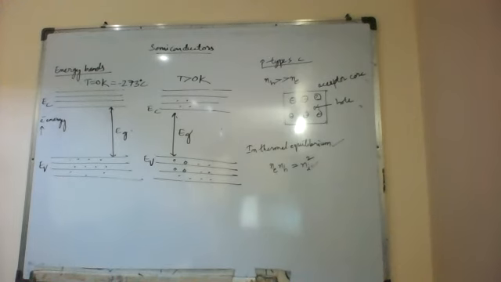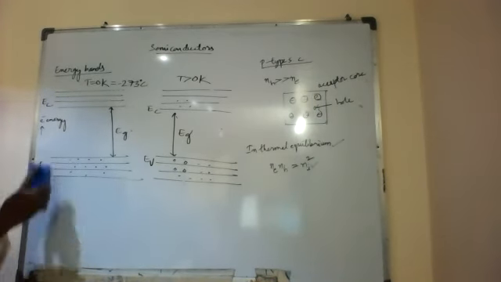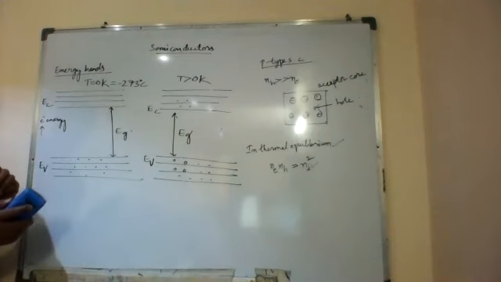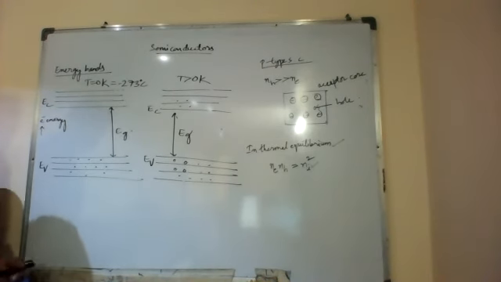Now we will discuss the N-type and P-type semiconductor. Energy level diagram for N-type and P-type semiconductor. It will be the same diagram only, but I will draw the Fermi level here.